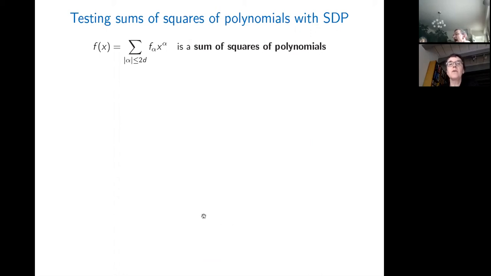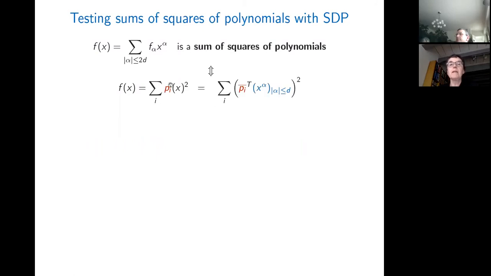And here is, in a few lines, why this is true. So here is our polynomial f, which we want to check whether it's a sum of squares or not. Well, first of all, it had better be of even degree, otherwise it's not going to be a sum of squares. So we take f, which has even degree 2d, and we try to write it as a sum of squares of polynomials pi.